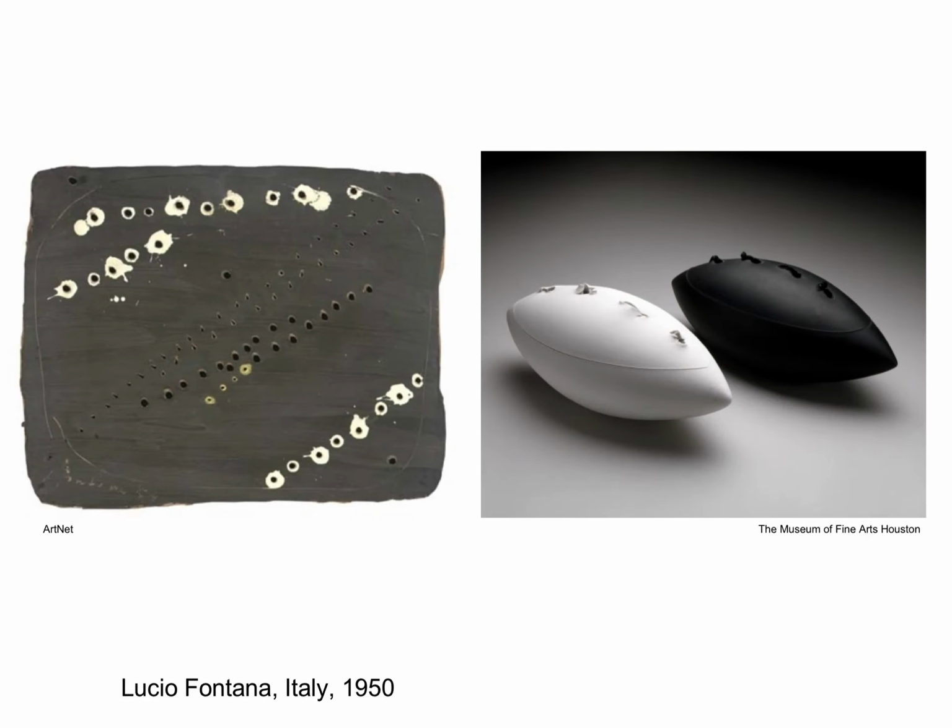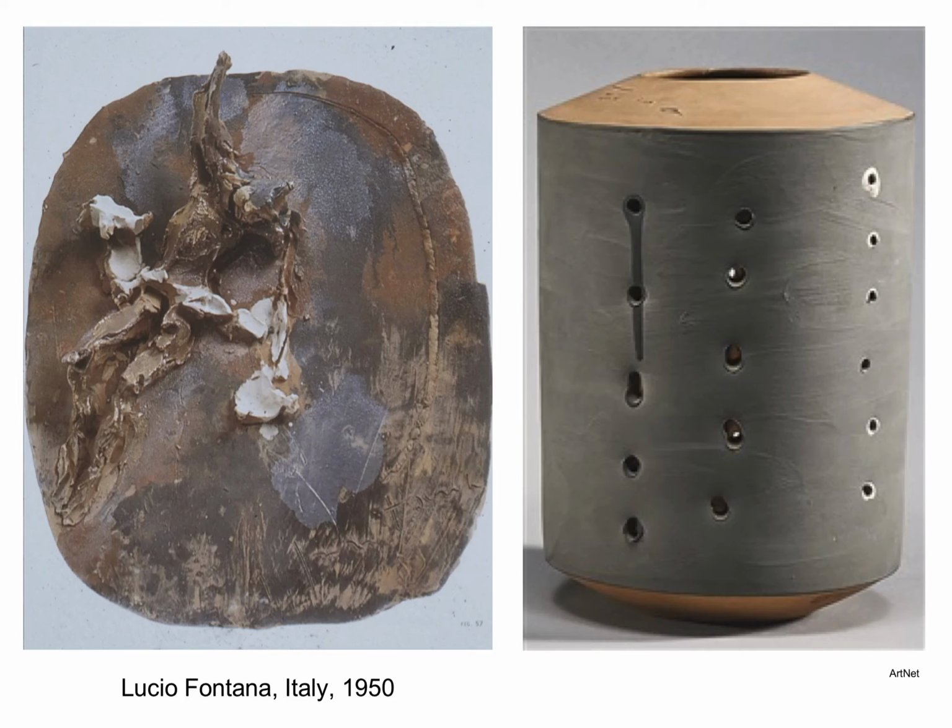And then he was also very influenced by one of his predecessors and contemporaries, Lucio Fontana, also working in Italy and addressing the transformation of the material through a powerful gesture and almost a violent approach to mark making.